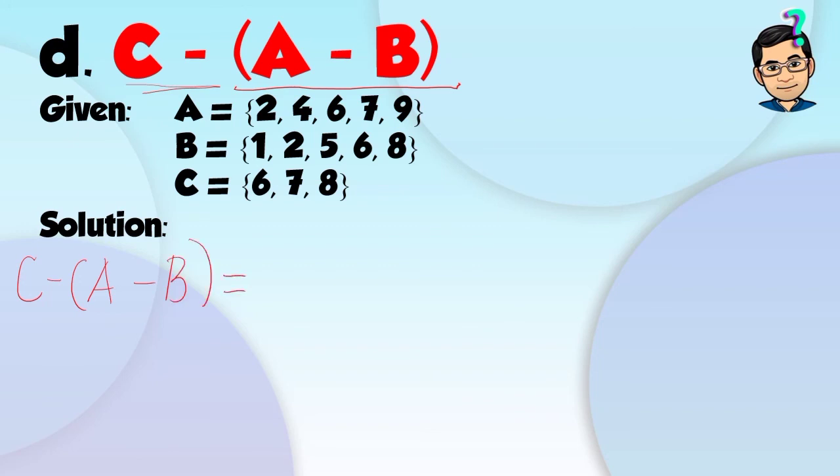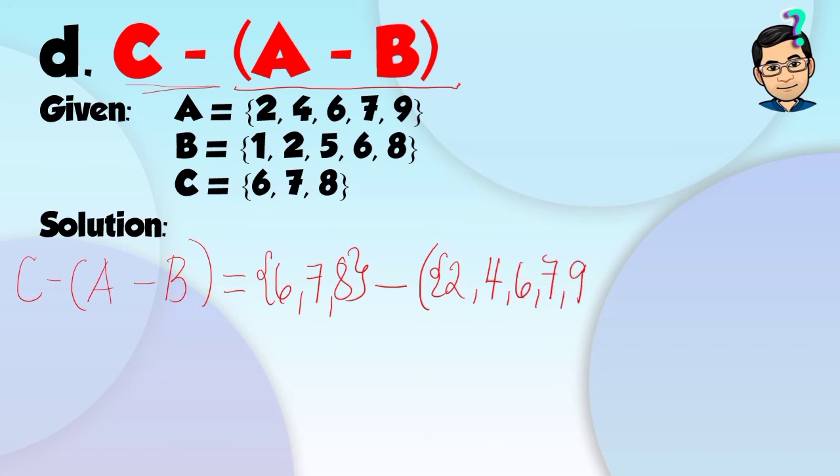So, the elements of C are 6, 7, and 8. Minus, yung mga elements ng A, 2, 4, 6, 7, and 9. While the elements of B, 1, 2, 5, 6, and 8.